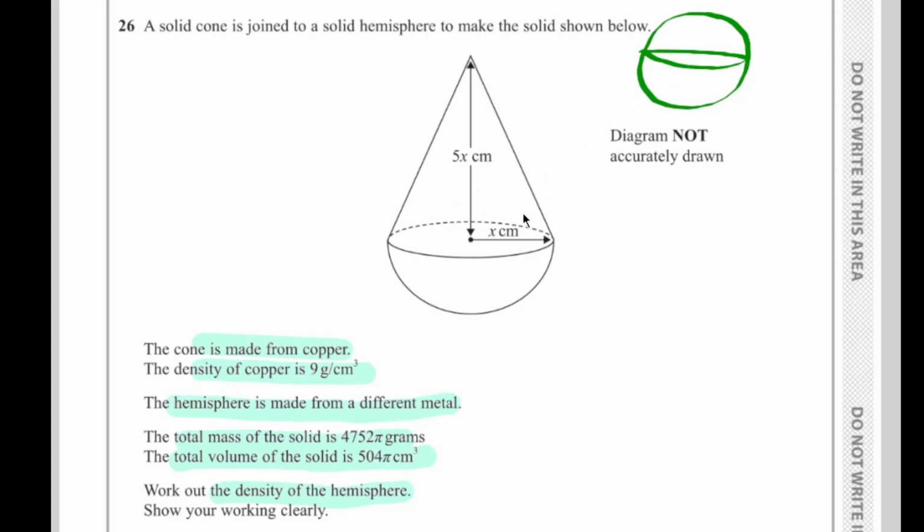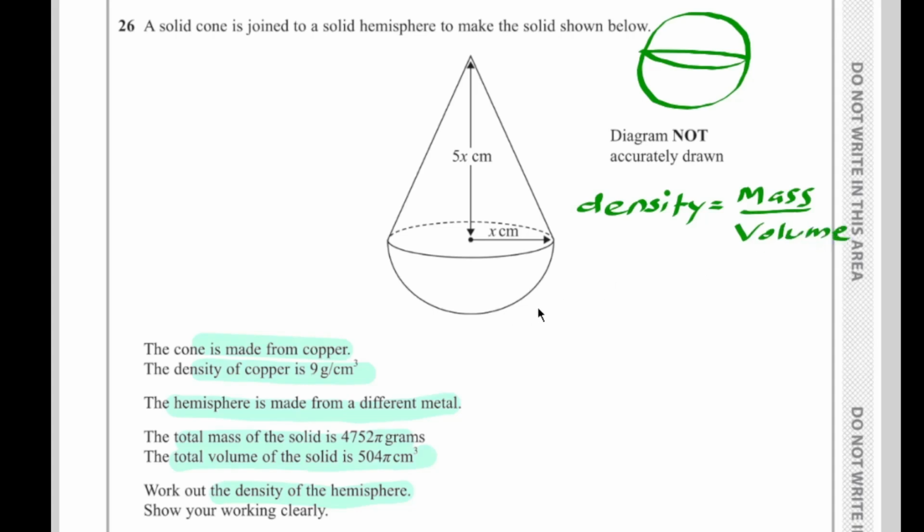So how do we get the density of hemisphere? So density equals mass over volume. This is the formula. You should memorize it. Right.